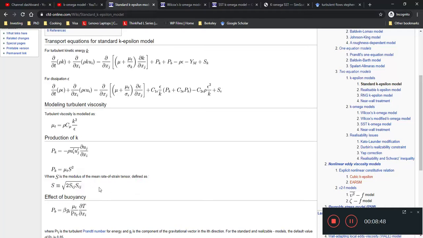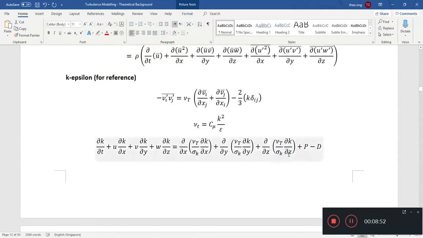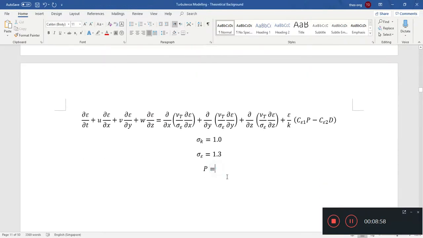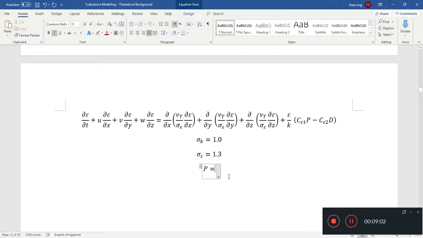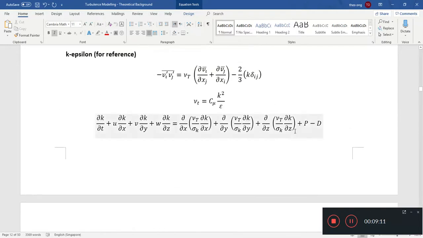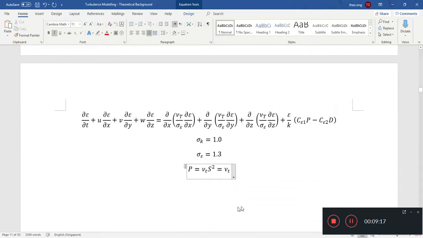So this one is divided through by density, so we don't do anything there. We will just say P is nu_t S squared.